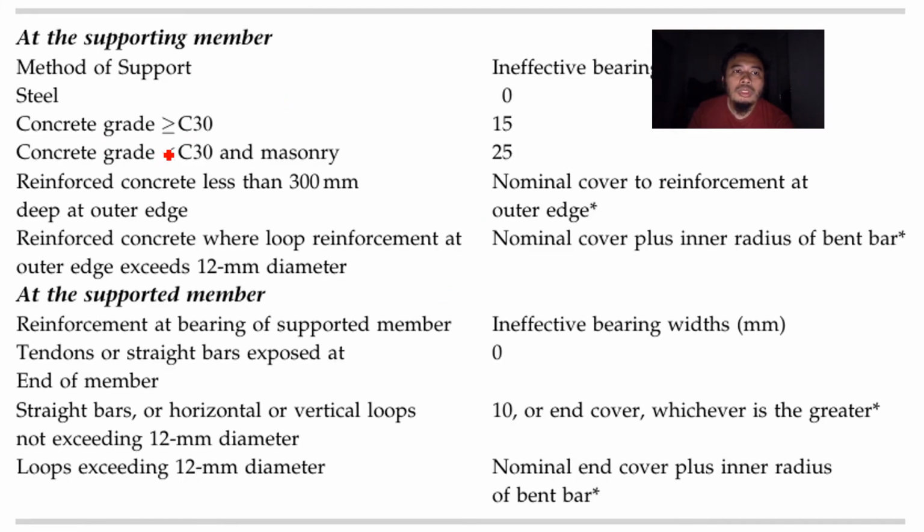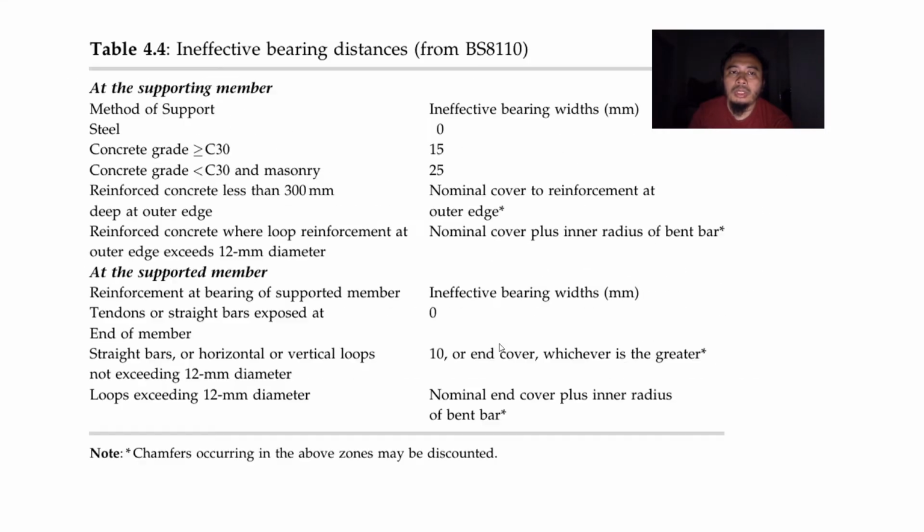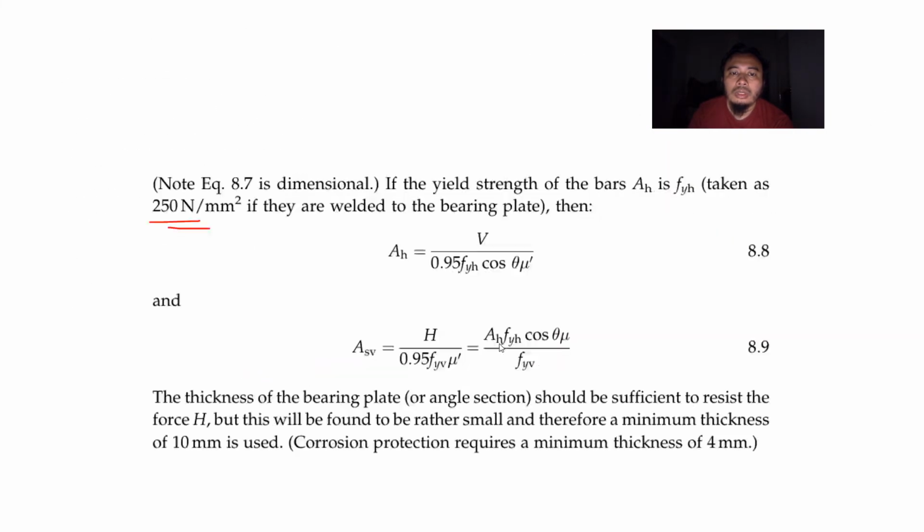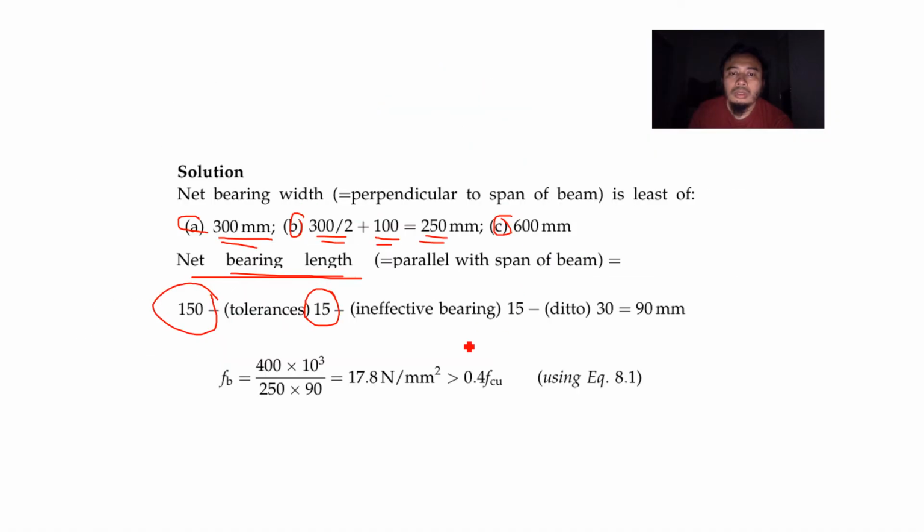Supporting members is grade 30, so 15. You also have the tendon, so it is 0 at the supported member. So minus 15 and then minus cover. Then you get your effective net bearing length, which is 90 mm.